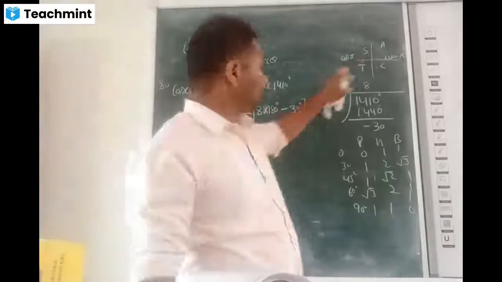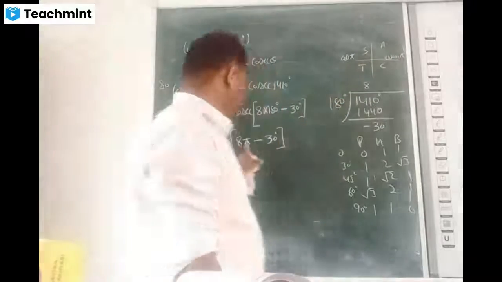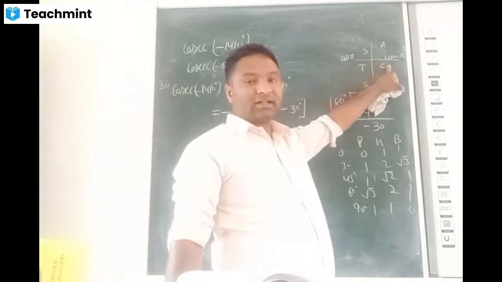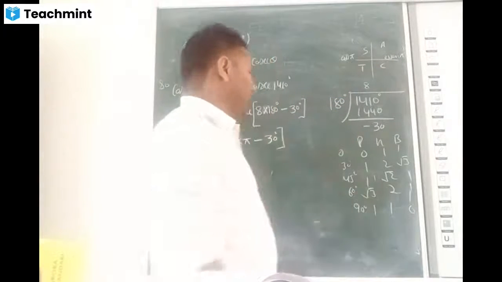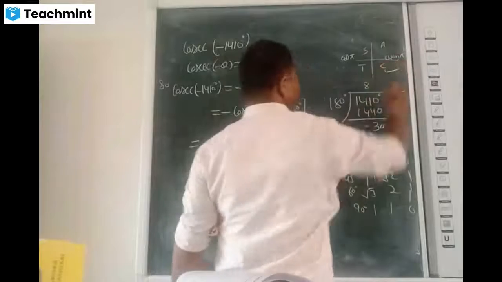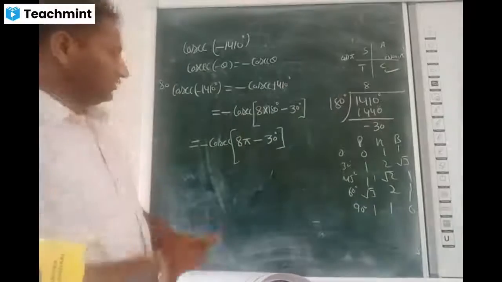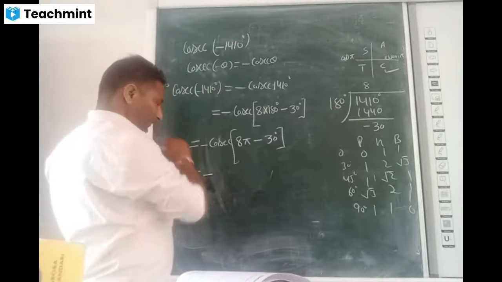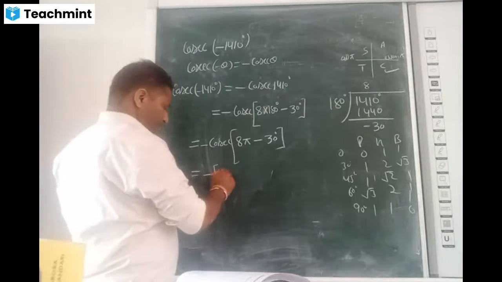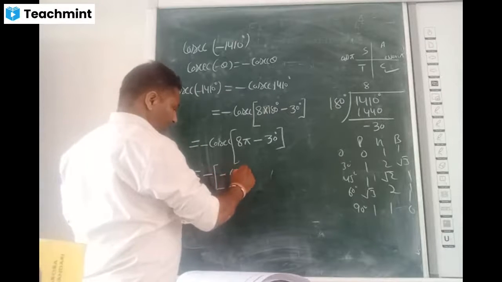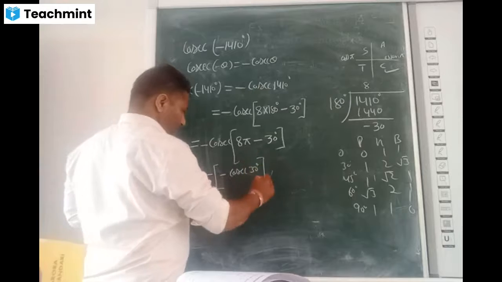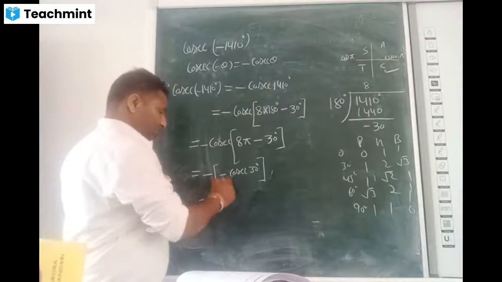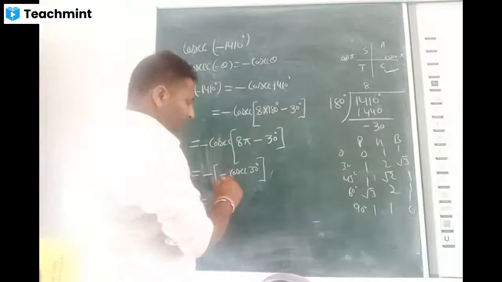But when we are doing even pi, it is 8, it is even. 8 pi means it is coming in the fourth quadrant, and the fourth quadrant is the house of cos. So from here what we got? Minus cosec 30.